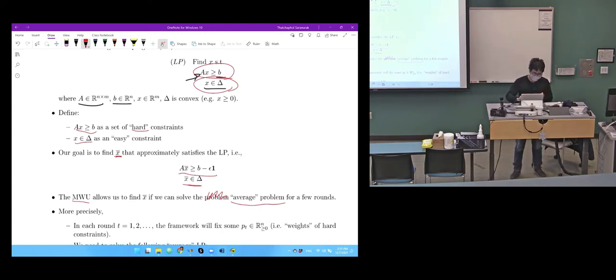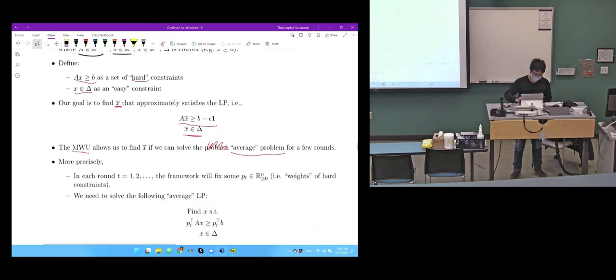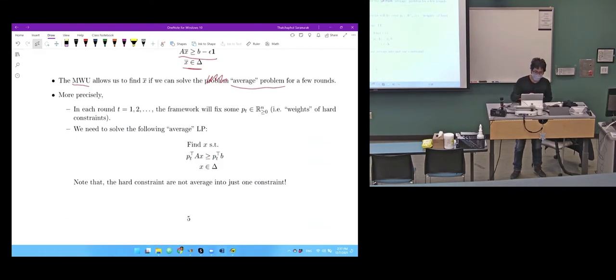This framework is such that there will be rounds. Start from round 1, 2, and so on. In each round, the framework will set some weights to each constraint.